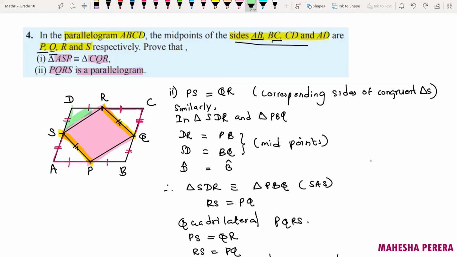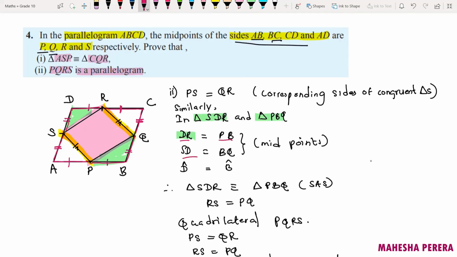Right, so we can write inside. When we consider the triangle SDR and the triangle PBQ, we can write that DR equals PB, this side. And also we can write SD equals BQ.